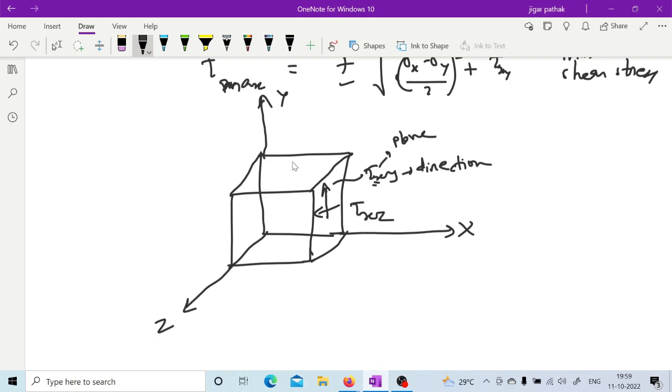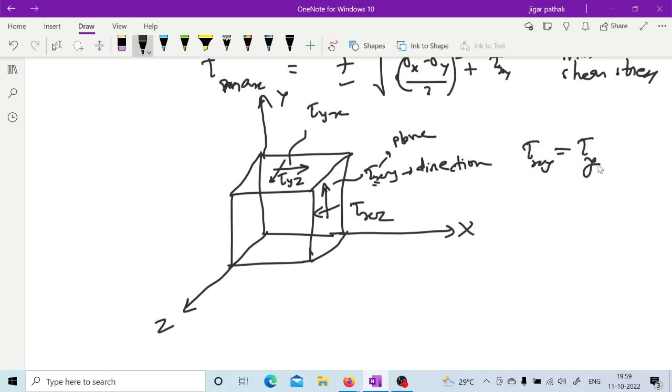Similarly, if you have this particular stress, can anyone tell me what this stress will be? Tau yx. Yes, tau yx. Similarly here you may have tau yz, and it can be proven that tau xy is equal to tau yx.